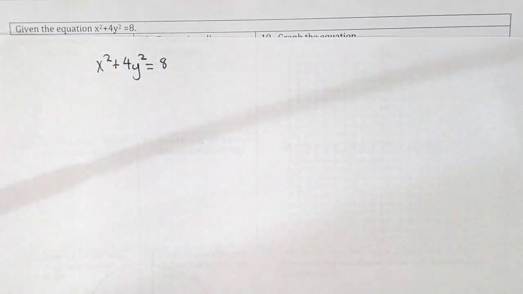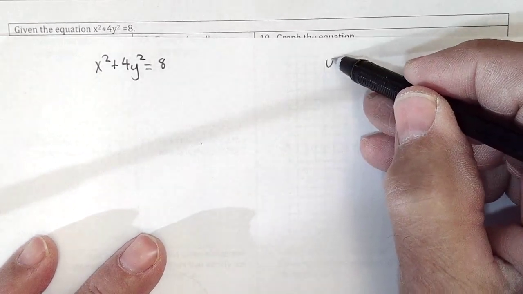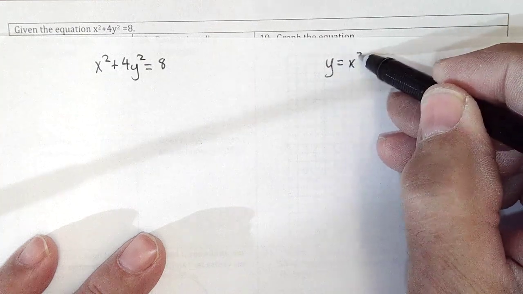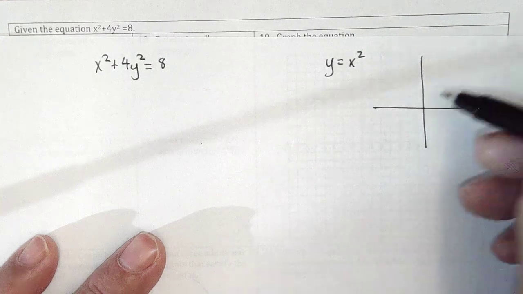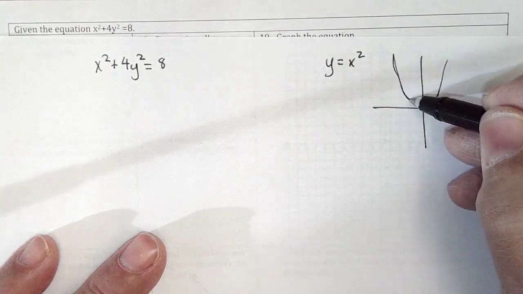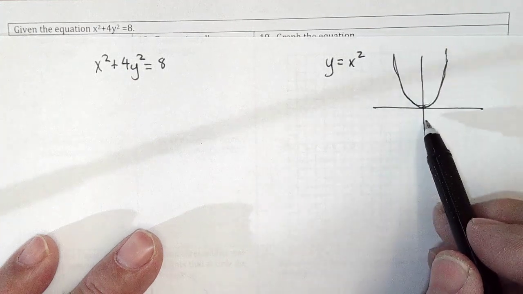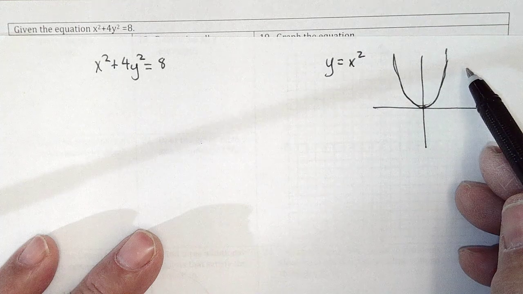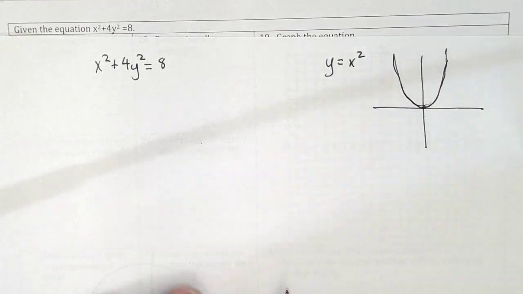And I know that it has some symmetry. For example, if I had written the equation y equals x squared, hopefully you would know that's a parabola. And the parabola would look something like this. And it's symmetric with the y-axis. It's the same on the right side of the y-axis as it is on the left.